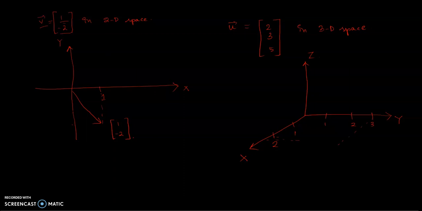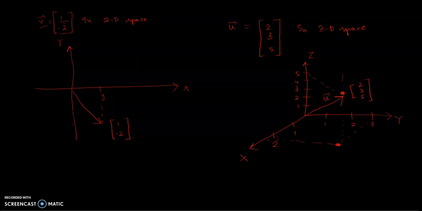The intersection of both the planes is here, and we go 5 units along the z-axis. It is somewhere down the line here, the (2, 3, 5) vector. This is the vector u.